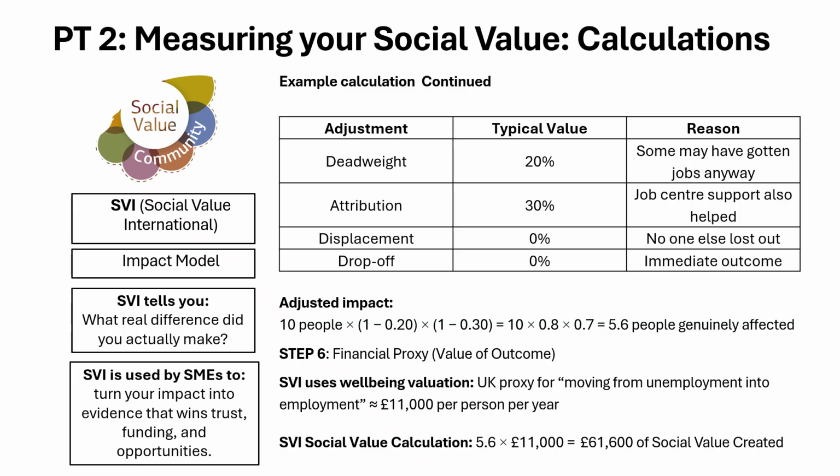So for the context of this example, your social value calculation is looking around 61,000, or just over 61,500. So you can use that same methodology. It does require some research in terms of what the industry standards are for that well-being valuation.